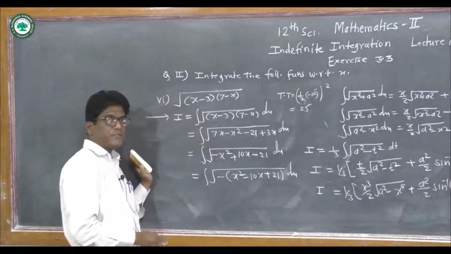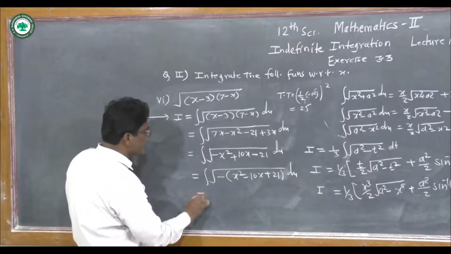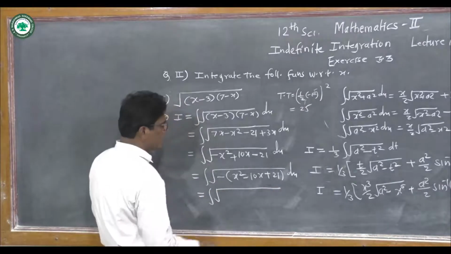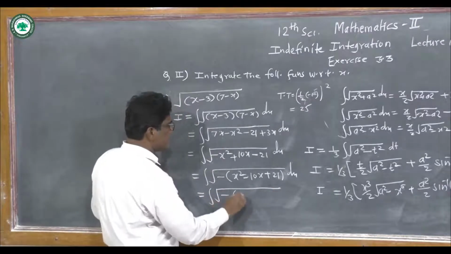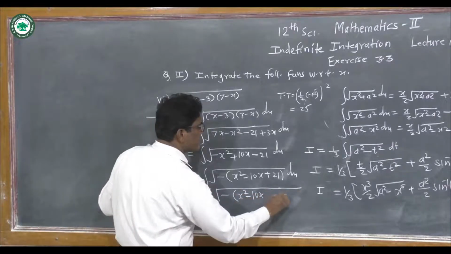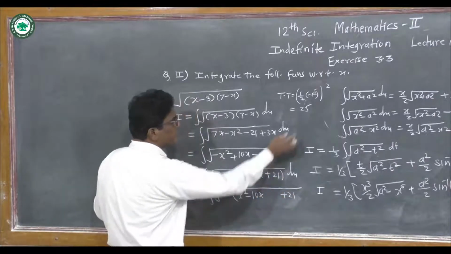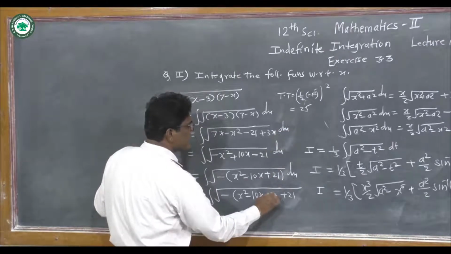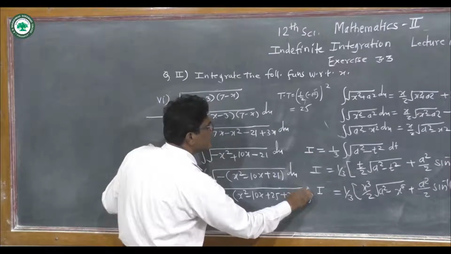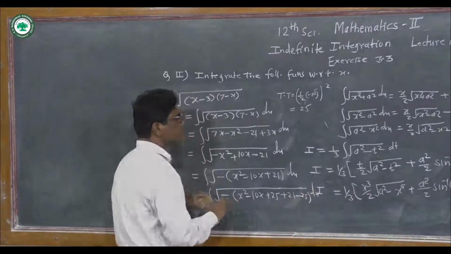So we have to add 25, and therefore this is equal to integration of under root of the minus sign as it is, x square minus 10x as it is, plus 21 also as it is, we add plus 25, and we cancel this, so minus 25, and then write dx.